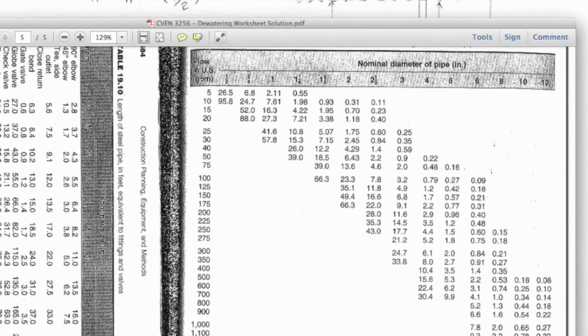So we're looking at the 6-inch column. Over here is the flow, which in this case we're going to use the flow of 441. You can see here that we have a couple different values, so we're going to have to interpolate. So coming across, looking at the 6-inch, we're going to be using these values here. So that's just how you find it.